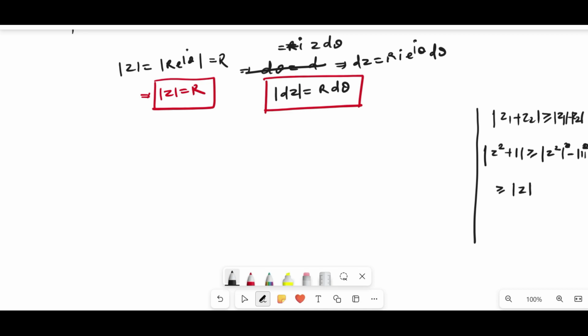So we can write mod of z whole square minus 1, that is r square minus 1. So by taking the reciprocal, 1 upon mod of z square plus 1 will be less than or equal to 1 upon r square minus 1.